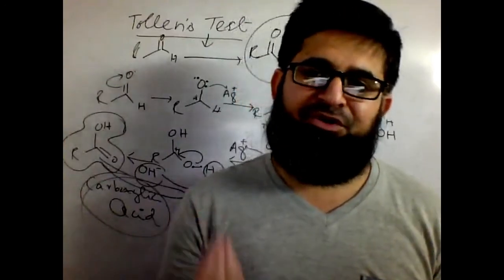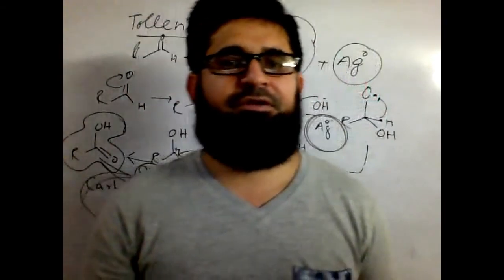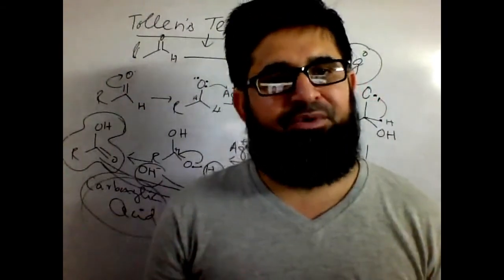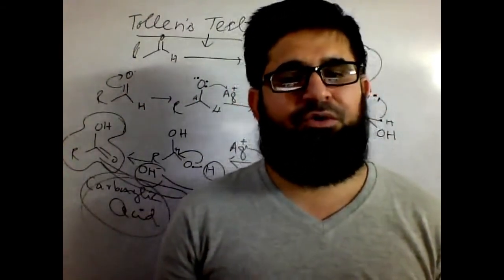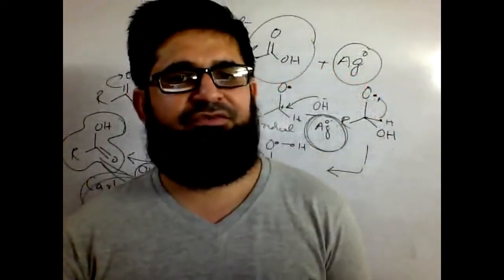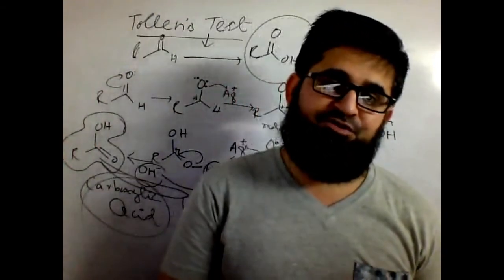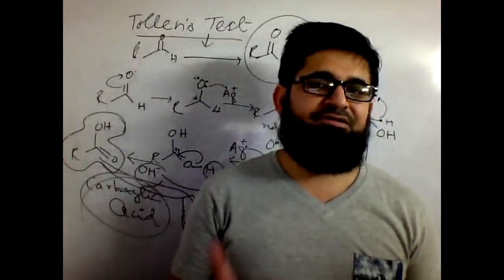So the formation of a mirror, the appearance of a mirror along the wall, suggests that the reaction has happened with Tollen's reagent. So we call it a silver mirror test or Tollen's test, which confirms the presence of aldehydes. It helps to distinguish between aldehydes and ketones.